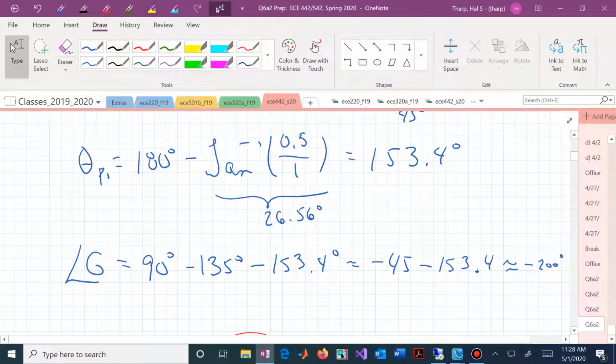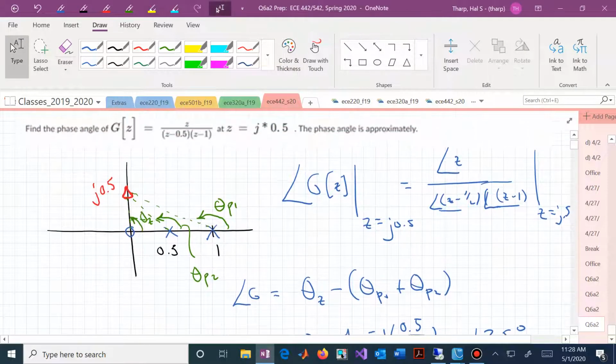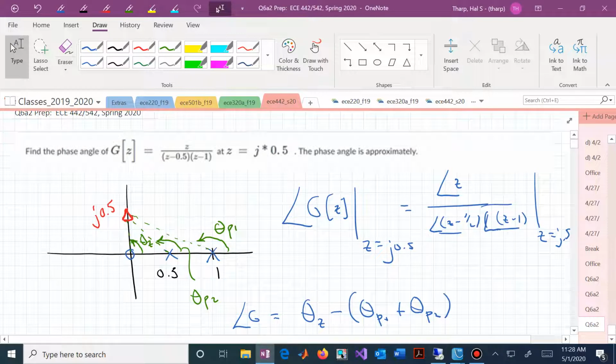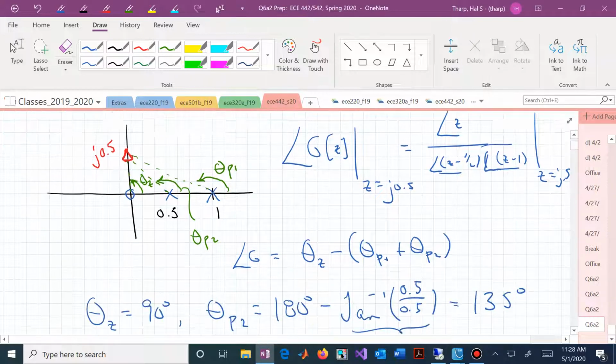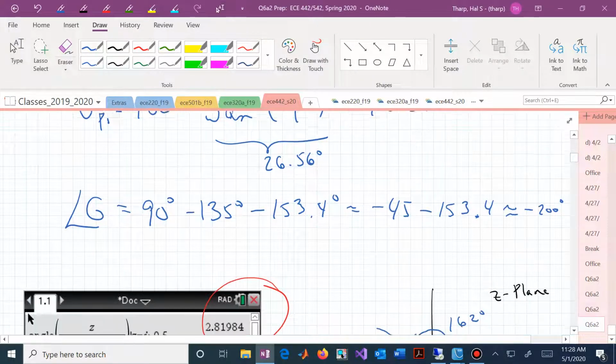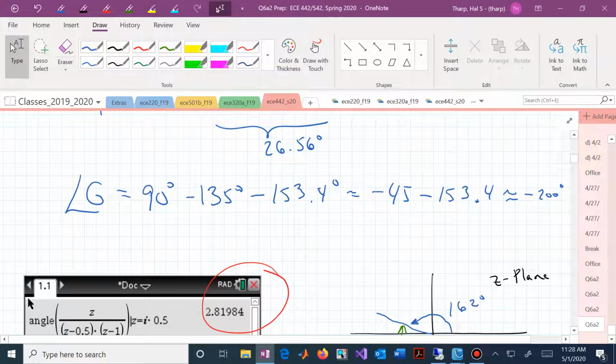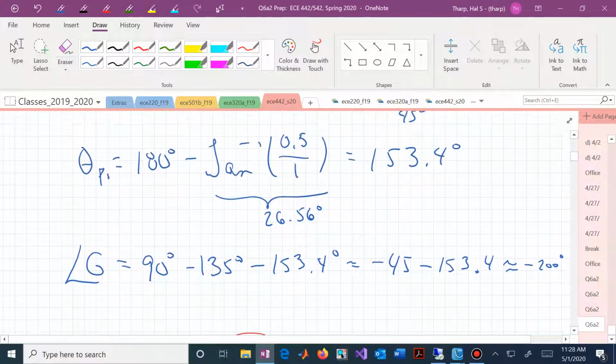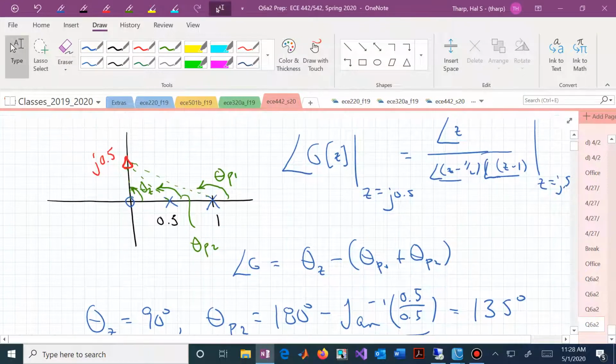I could have asked you, is this point j0.5 on the root locus? And because the phase at that particular point in the z-plane is minus 200, it's not minus 180, you now know that the root locus is not passing through j0.5. You would need it to be closer to minus 180.